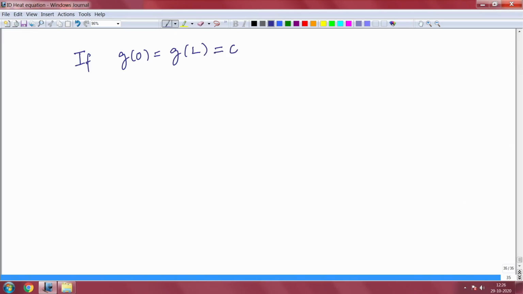So, if g vanishes at the end points and g is C 1 except at a finite number of points. More precisely, we can take piecewise C 1. So, this is the Dirichlet theorem from the theory of Fourier series.